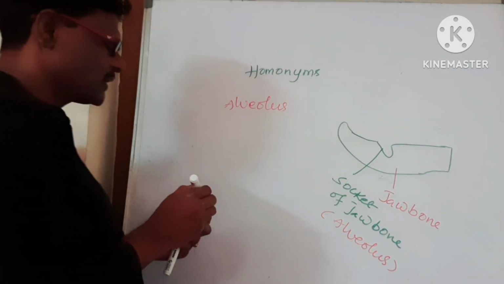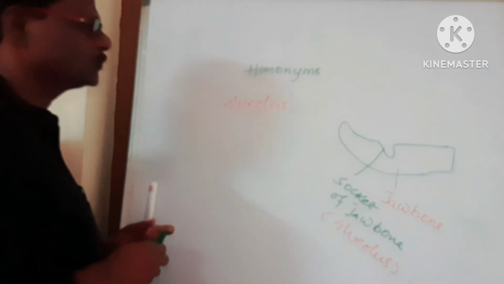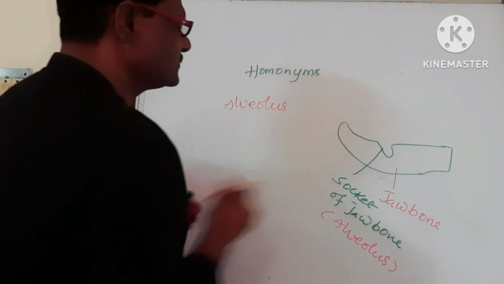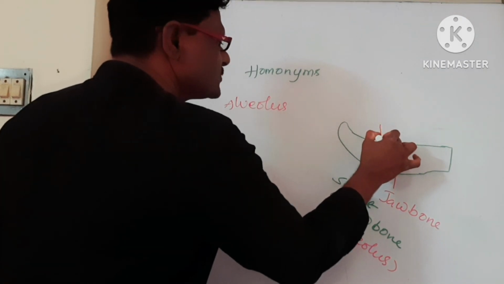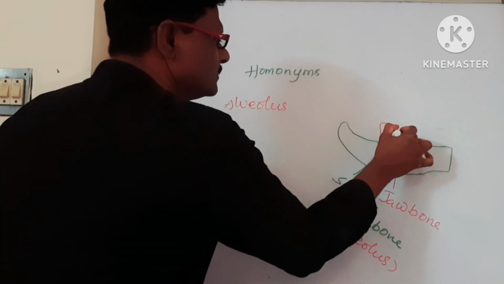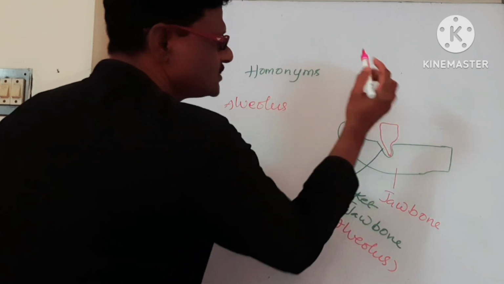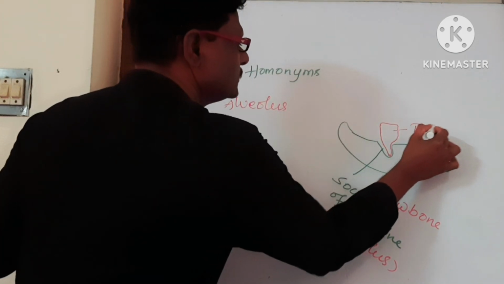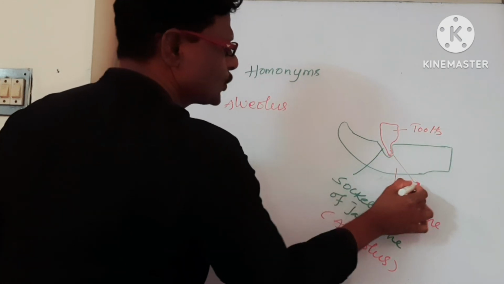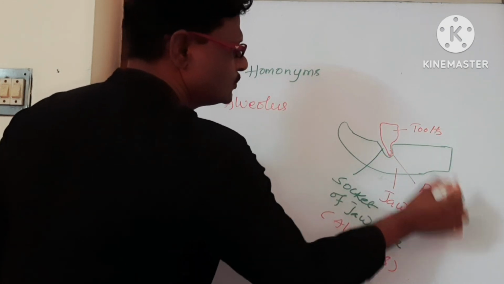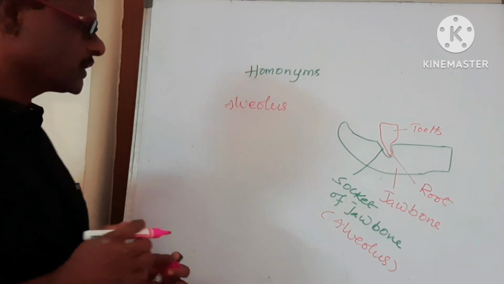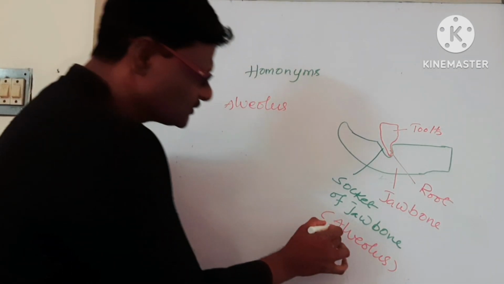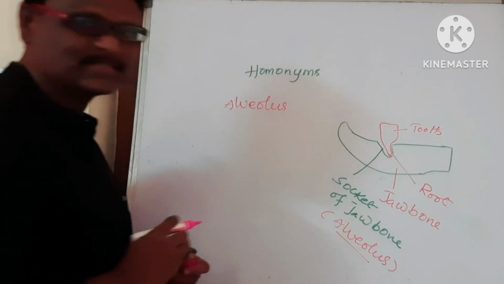In the socket of the jawbone, what is fixed? The root of a tooth is fixed, embedded. It is a tooth. This one is the root. So the root of a tooth is fixed in the socket of a jawbone, right? So the socket of the jawbone is alveolus.